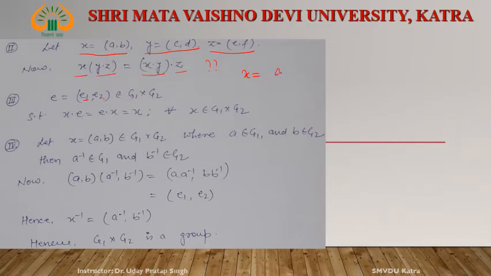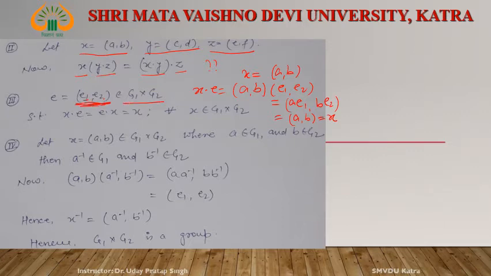X is equal to (A, B). What is X dot E? That is (A, B)(E1, E2), and this is equal to (AE1, BE2). And this AE1 is A and BE2 is B. This is equal to X. Means X dot E is equal to E dot X. It means E is the identity. This ordered pair is the identity of G1 cross G2.